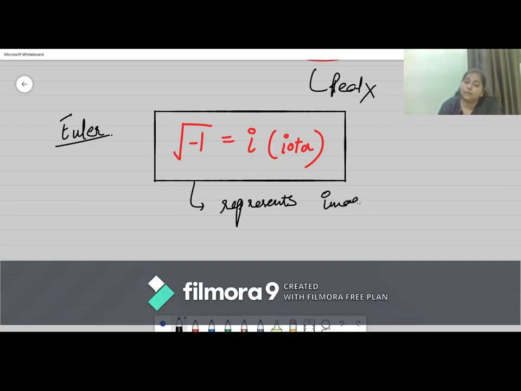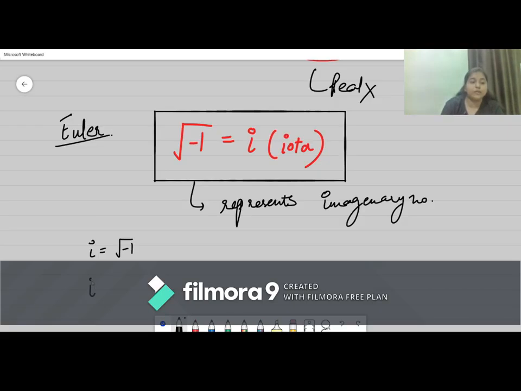Imaginary number. There is no number as such existing. So, what does iota represent? This iota represents an imaginary number. Therefore, we can say that the value of iota is under root minus 1.